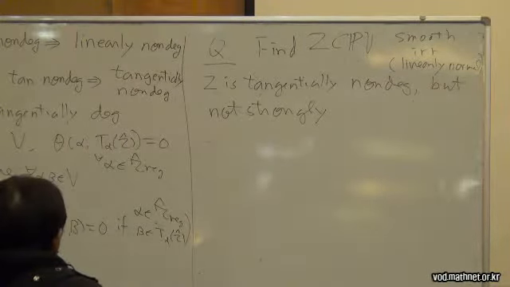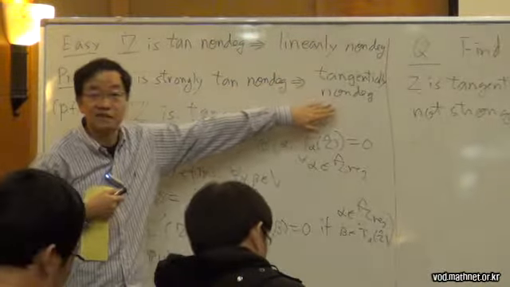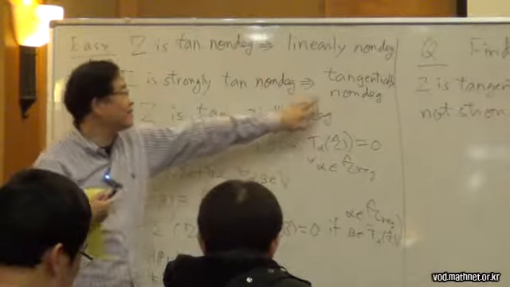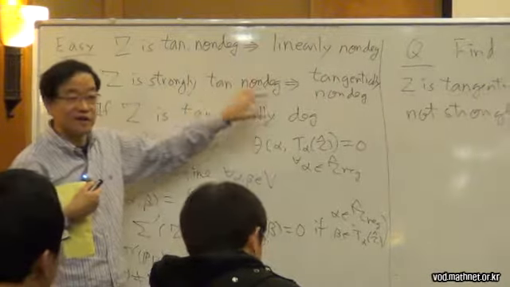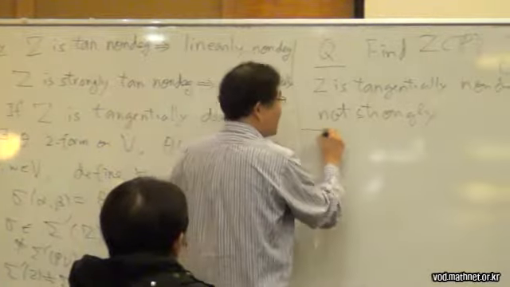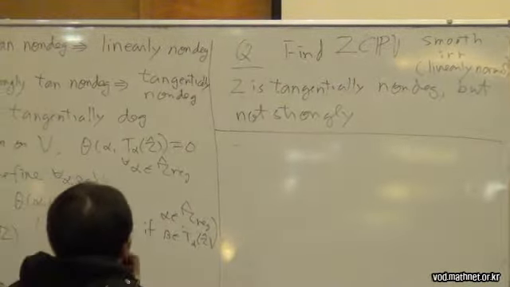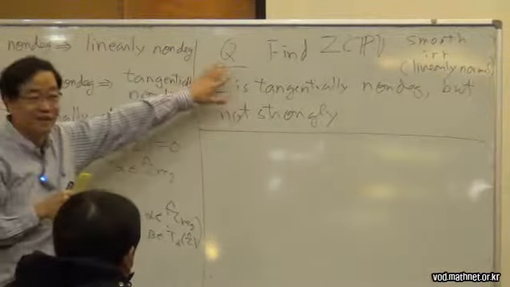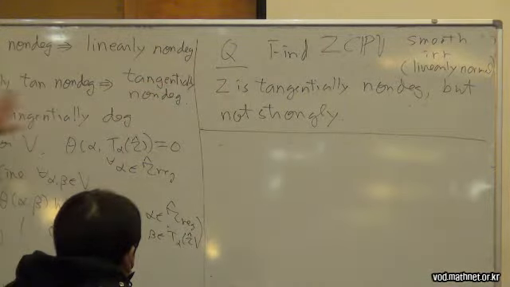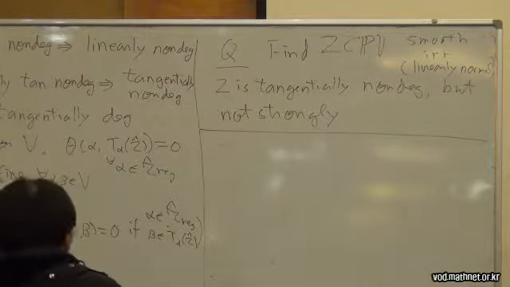We have shown that if it's strongly tangentially non-degenerate, then it's tangentially non-degenerate. Now I expect that the converse is not true, but I don't have an example. I hope that someone comes up with an example. Most likely some homogeneous variety gives such an example, but I haven't checked, and I don't know many examples.